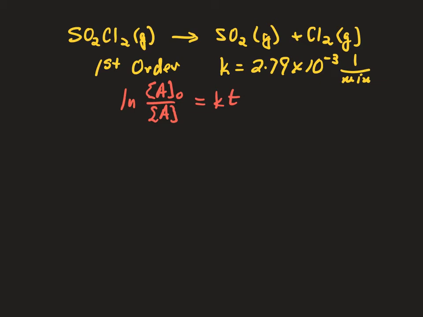So our next question is, how much time will it take our reaction to go from 5 molar down to 3 molar? And we're assuming a reasonable number of significant figures here. So how would we do that?